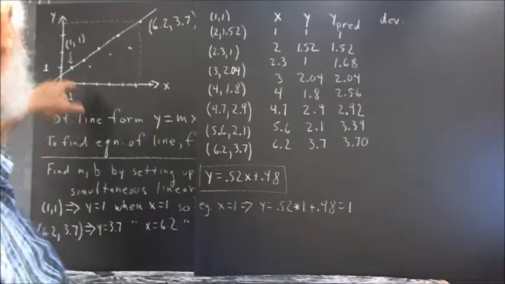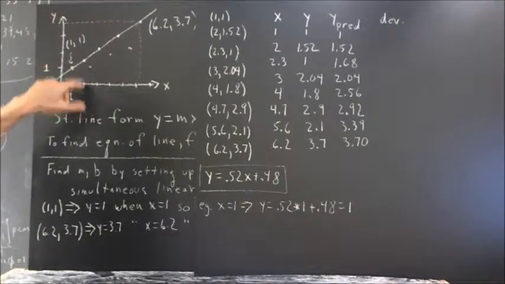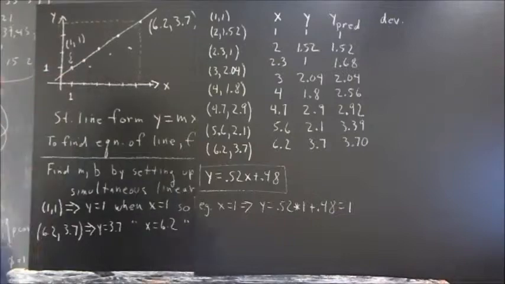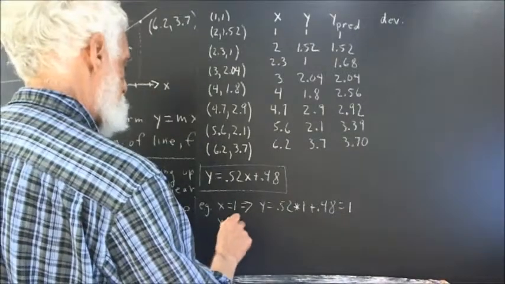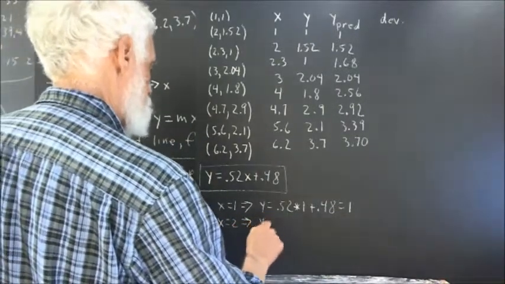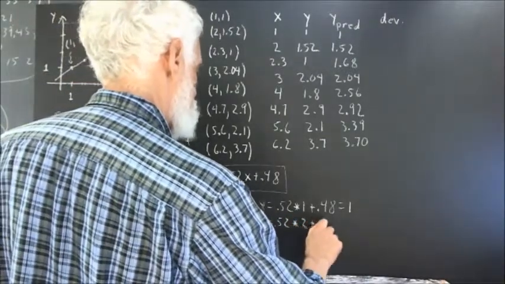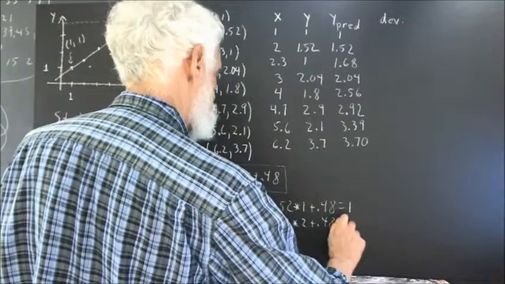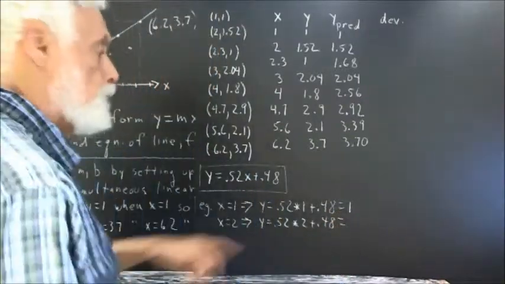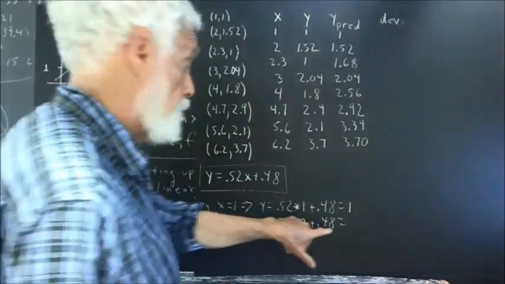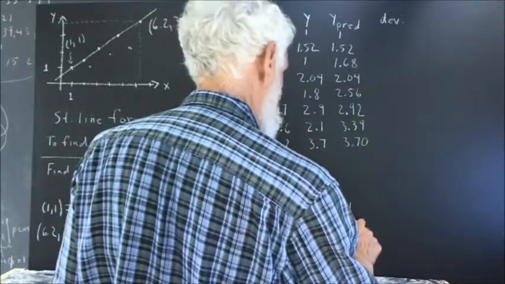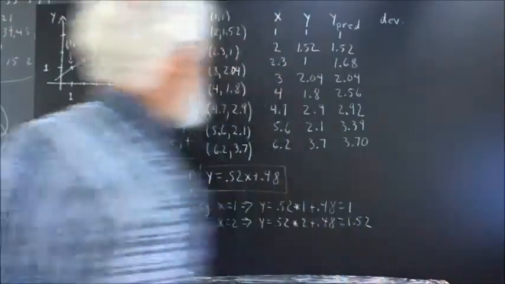Now, if x equals 2, I chose 2 for this point, so x equals 2 would imply that y equals 0.52 times 2 plus 0.48, and 2 times 0.52 is 1.04. You add 0.48, you get 1.52.